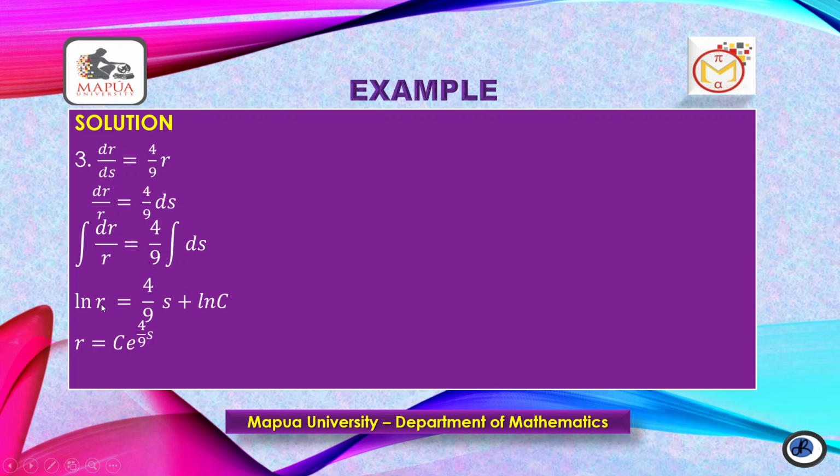So we have ln of r minus ln of c, by means of the logarithmic property, r over c, equal to 4 over 9 s. Then we can remove the ln by raising both sides with e. So e raised to ln of r is r, and on the right side, e raised to ln of c is c, times e raised to 4 over 9 s, so r is simply c e raised to 4 over 9 s.